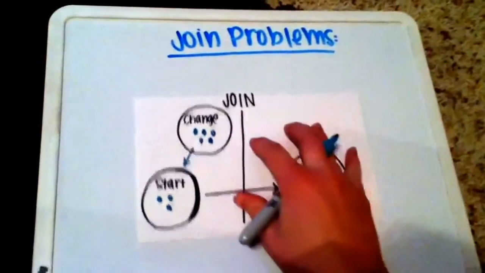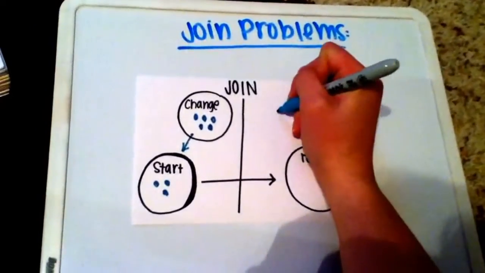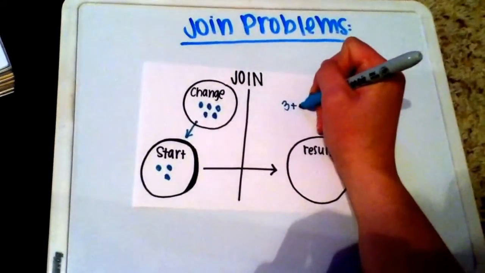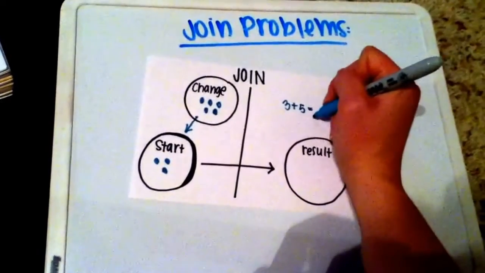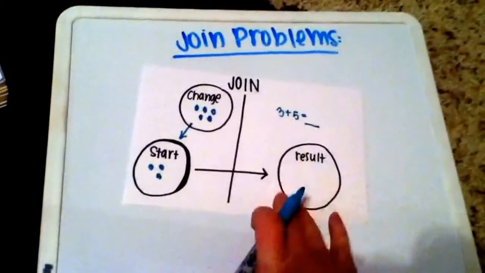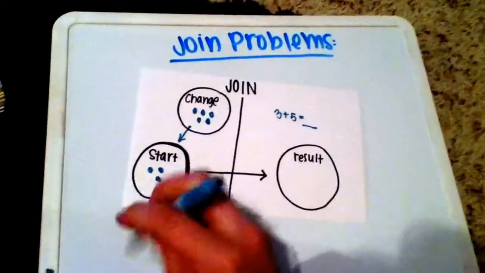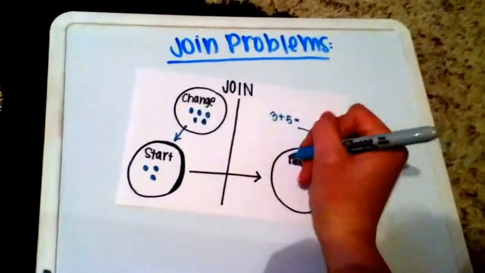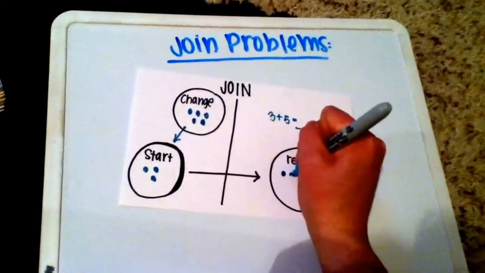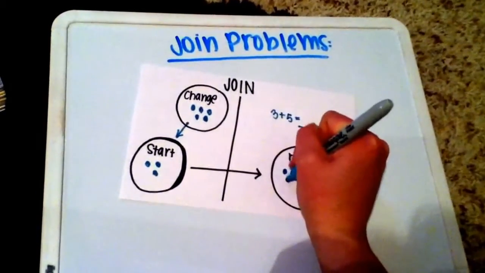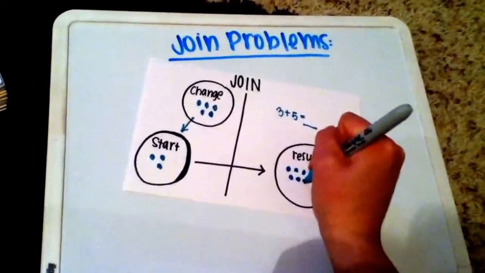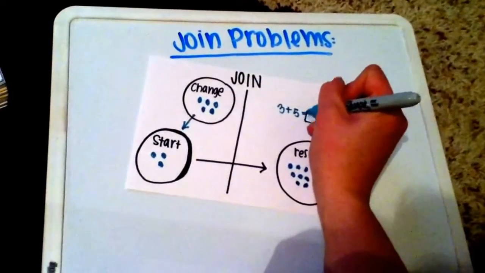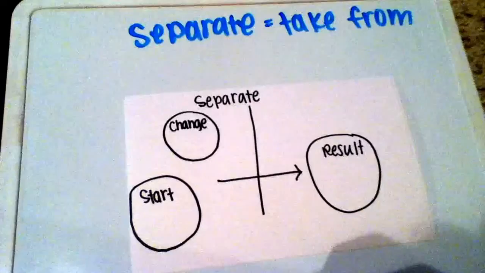So the result right here is going to be 3, which is what Molly had in the beginning, plus 5 is going to equal our result. So for this number, it's going to equal these dots. So now we can count up these dots. 1, 2, 3, 4, 5, 6, 7, 8. So the result is going to be 8 cookies. So now we can fill in our block right here with 8.